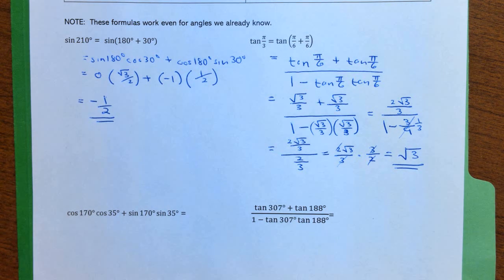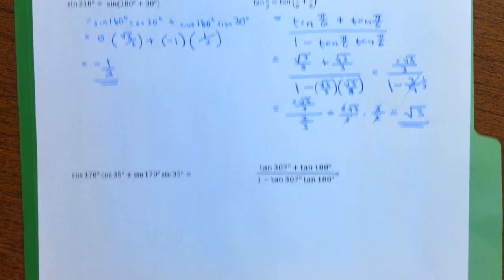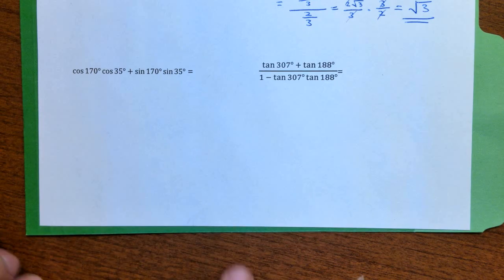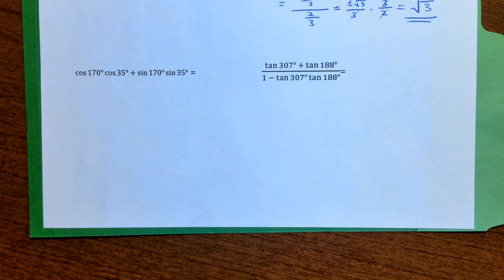What if I gave you an angle that was unfamiliar? Take a look at these examples right here. The cosine of 170 degrees times the cosine of 35 degrees plus the sine of 170 degrees times the sine of 35 degrees. Now this probably looks like a lot of gobbledygook the first time you see it, but we want to train ourselves to understand what's going on here. What am I actually looking at?